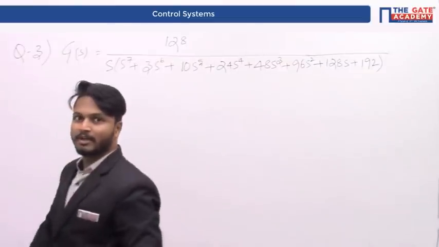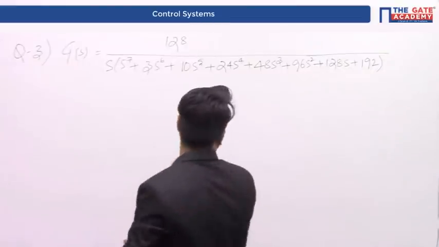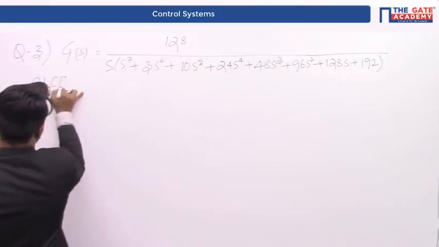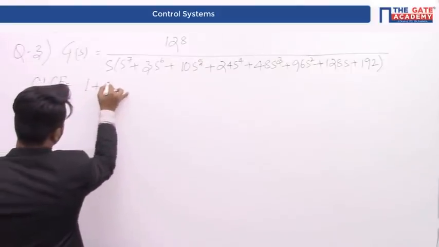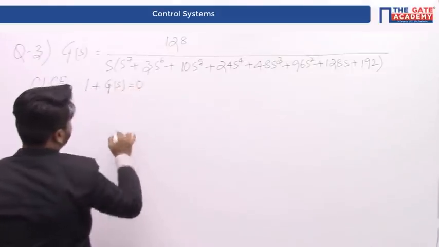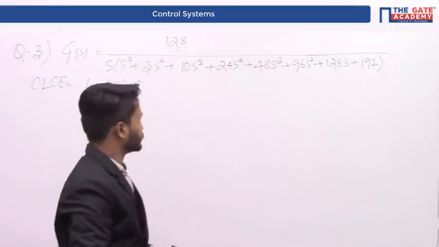So, how can you get the closed loop characteristic equation from the open loop transfer function? That is simply the closed loop characteristic equation is equal to 1 plus g of s is equal to 0, because it has already been mentioned that the system is a unity feedback closed loop system.